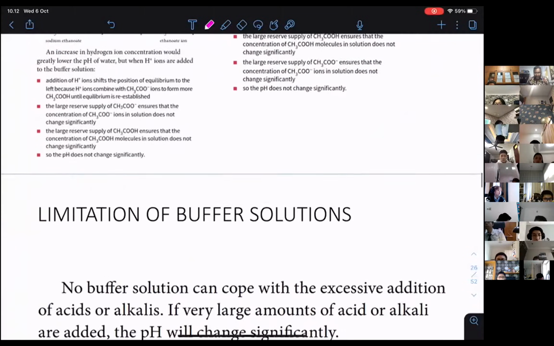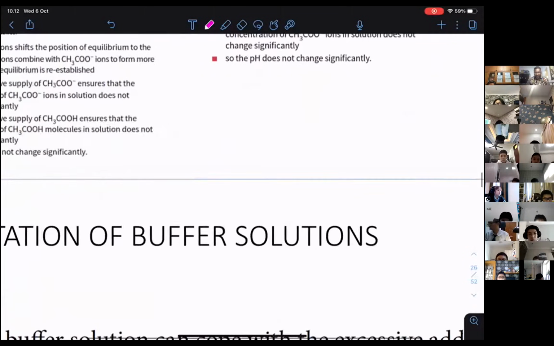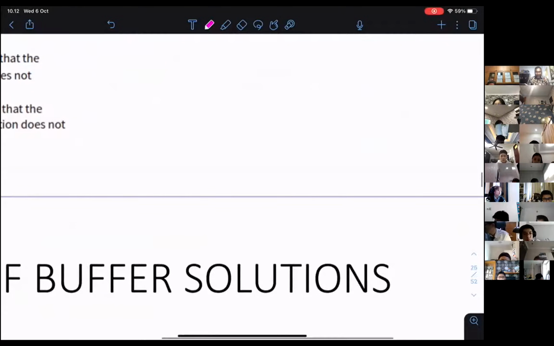A buffer solution is going to work where H+ is being added, and where OH- is being added, those additions will not change the pH. And I'm going to show you how that can be achieved. I'll just show you with the acid buffer.